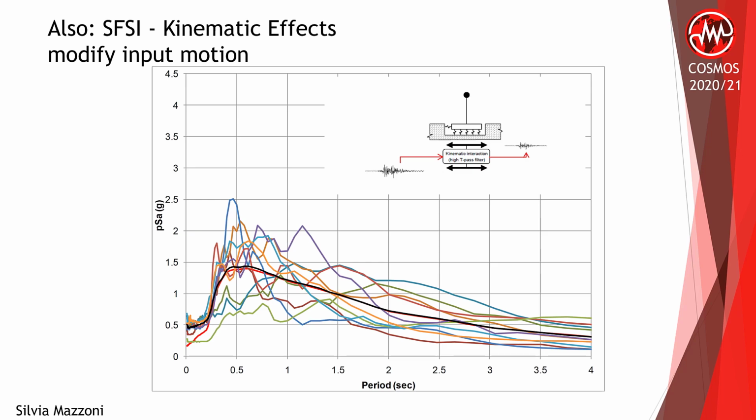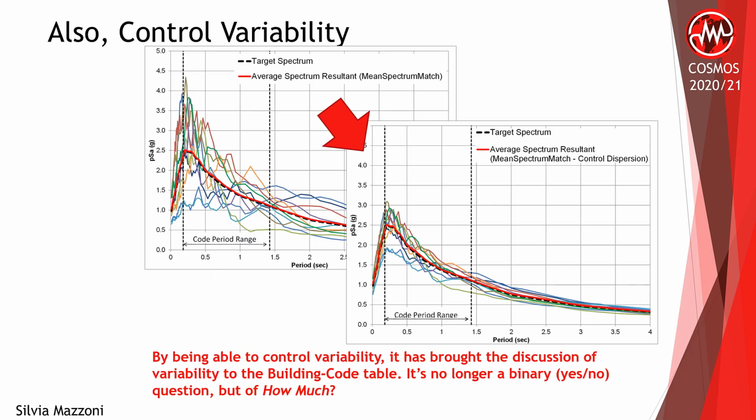Also, there are additional things you can do because you've got control of these records themselves. If you do kinematic effects where you're reducing your target spectrum, now you've got a better control of your ground motions because you're doing period-specific modification, but you're still keeping your variability. You can control that variability, as I was saying before, by doing an additional step in computing your factors.